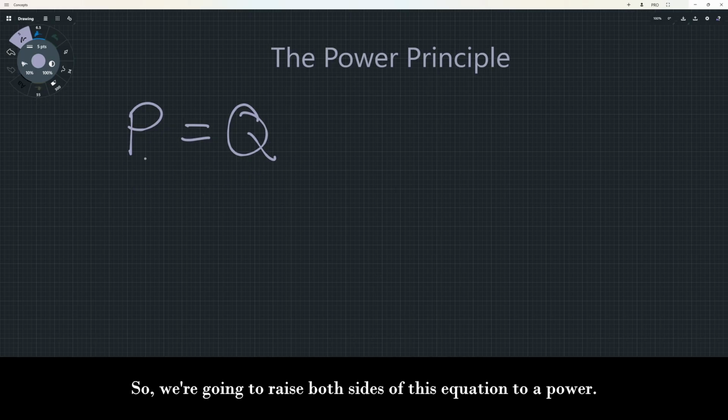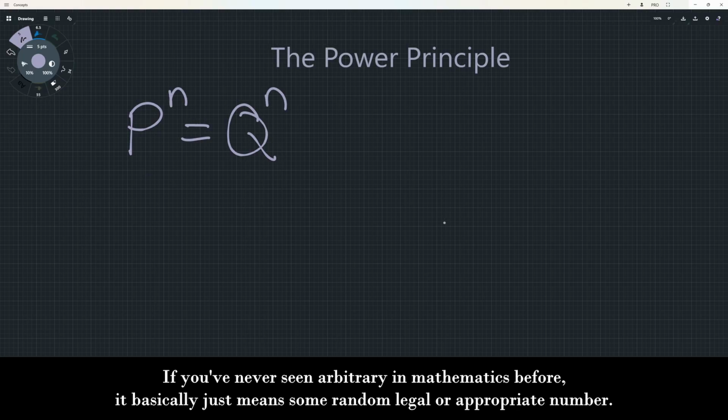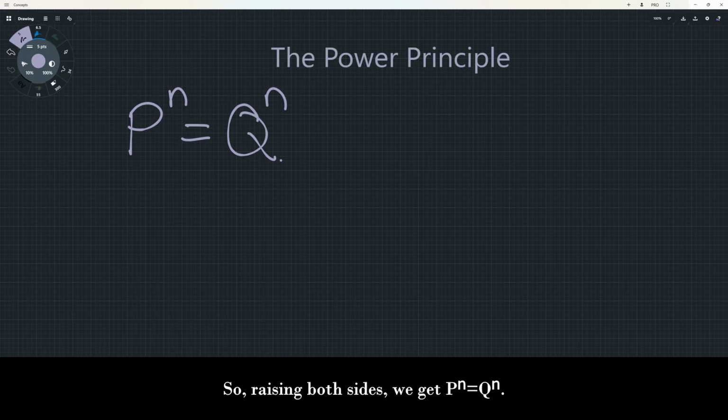So we're going to raise both sides of this equation to a power. Rather than choosing a specific power like squaring or cubing, let's just raise both sides to some arbitrary number n. If you've never seen arbitrary in mathematics before, it basically just means some random legal or appropriate number. So raising both sides, we get P to the n equals Q to the n.